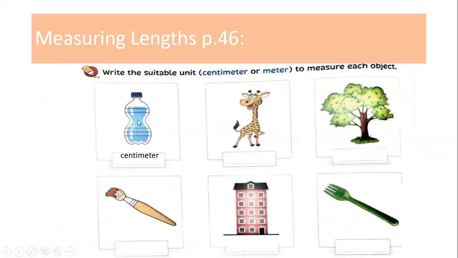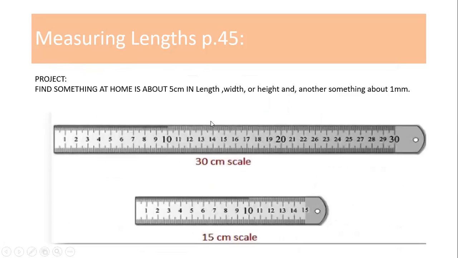I can hold it in my hand, so it is measured in centimeter. The giraffe, I cannot hold it in my hand, so it is in meter. The tree, I cannot hold it in my bare hands, so it is in meter. The paintbrush, I can hold it in my hand and paint, so it's centimeter. And the house, I cannot hold it in my hand, so it is in meter. The fork, I can hold it in my hand, so it is in centimeter.